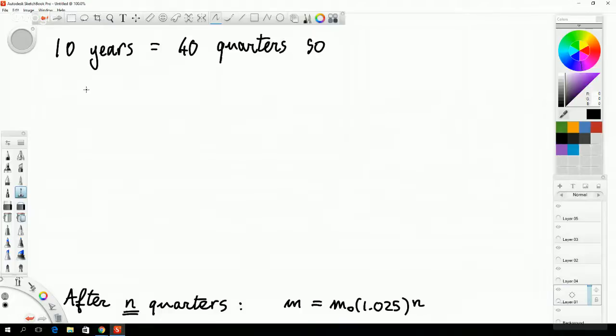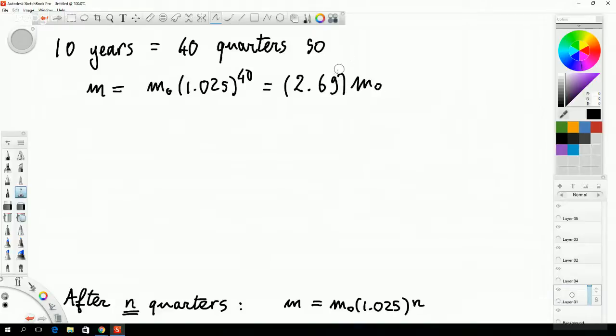So that m will be, in this case, m naught times 1.025 to the 40. And this number ends up being approximately 2.69, times m naught, which means that m over m naught equals 2.69, which is of course 1 plus 1.69, which in particular means that the capital has increased by 169%.